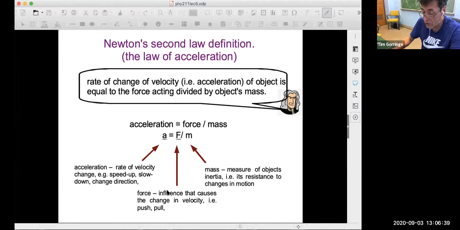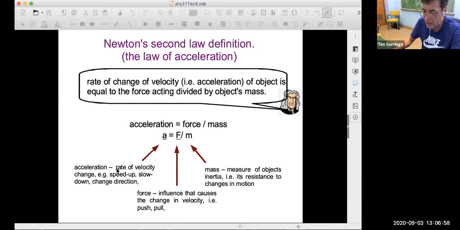The force, that's the agent that causes the change, the influence that causes the change. It causes the speeding up, the slowing down, and the change in direction. And it's what we in our everyday lives think of as a force, as being a push or a pull.